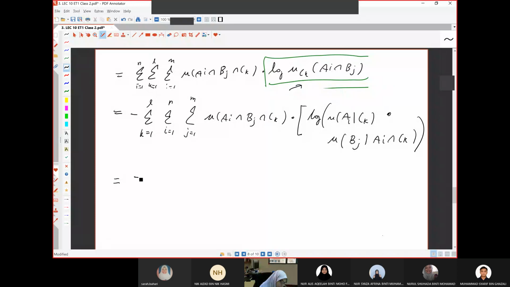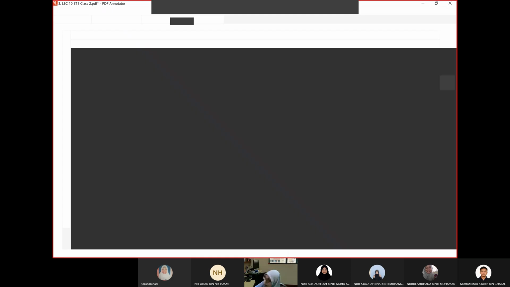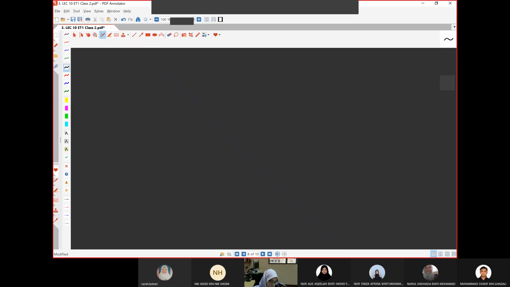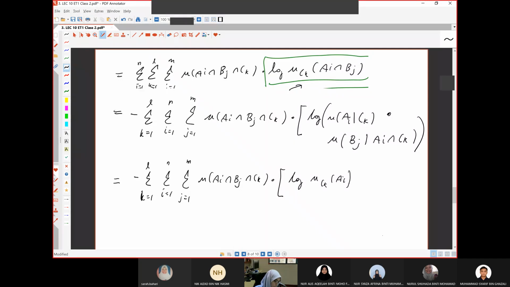This gives you again the triple sum K, I, L, I from 1 until N, J from 1 until M, mu of AI intersect BJ intersect CK multiply with log, mu CK of AI, conditional measure with CK, plus log mu of AI intersect CK of BJ, close bracket.